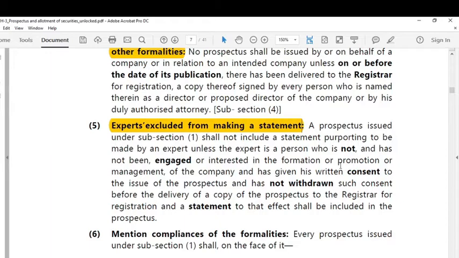So the person who is interested in the management of the company, or the person hired to issue the prospectus as a consultant, should also not make any statement in it.